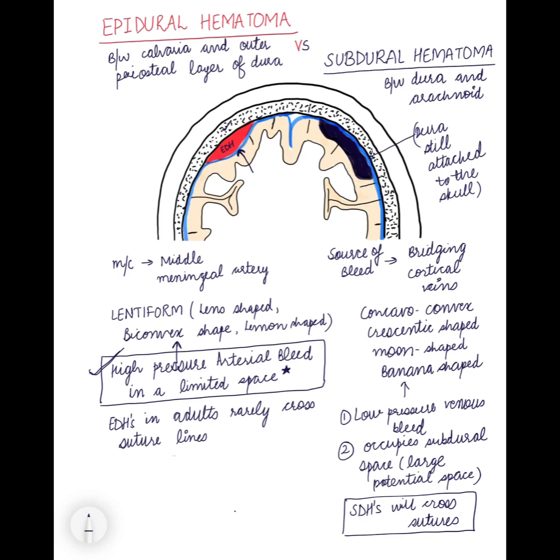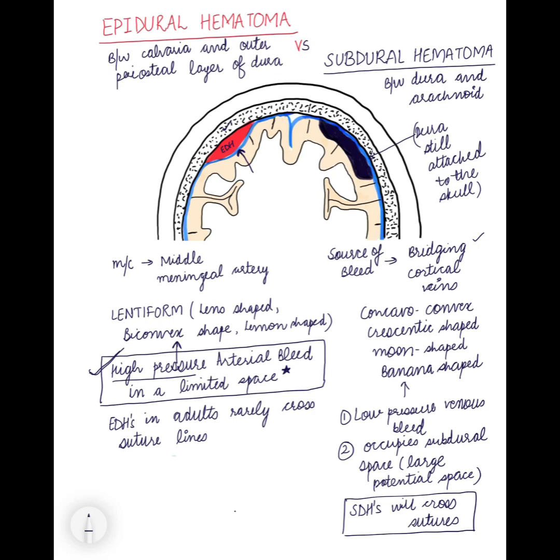Source of bleed in epidural hematoma is the middle meningeal artery. Source of bleed in subdural hematoma is bridging cortical veins. EDH is a high pressure arterial bleed which is happening in a limited space. That's why the shape of the EDH is lens shaped.